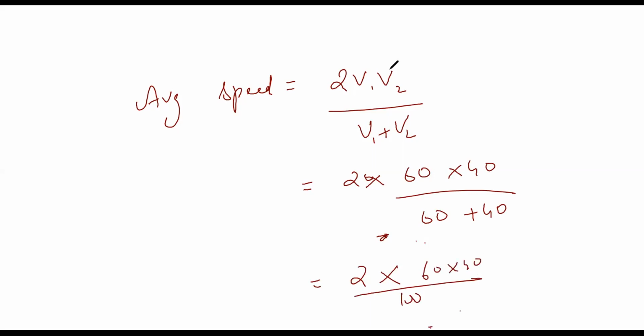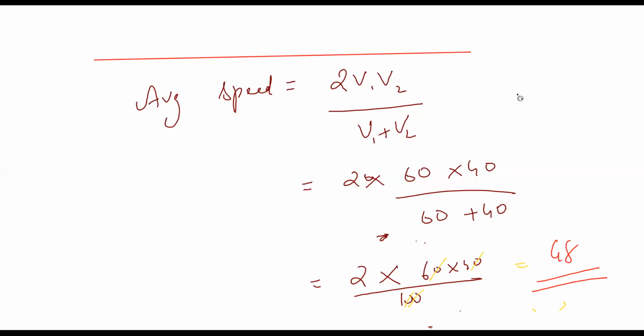Cancel all the zeros. So answer is 48 km/h. 48 is the answer for this question. This is the average speed formula. Please add it to your formula sheet if you don't know this. So since you told you don't know this thing, that's the reason I gave you.